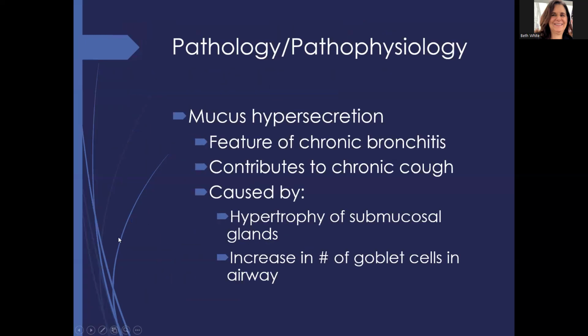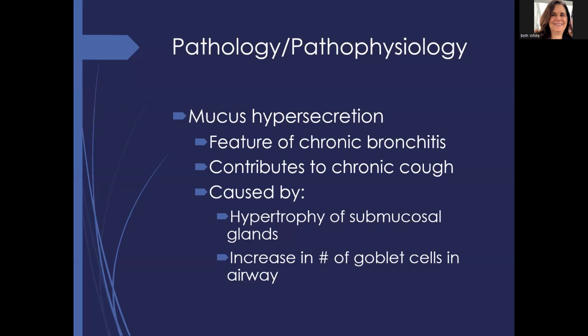And then mucus hypersecretion. So we have an increased secretion of mucus in the airways. This is a feature of chronic bronchitis. Remember, we said 3 consecutive months of sputum production for 2 consecutive years. This is the definition of chronic bronchitis.